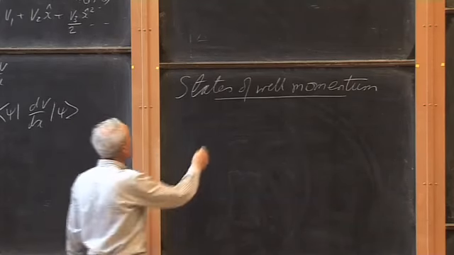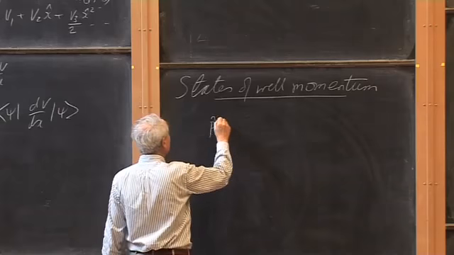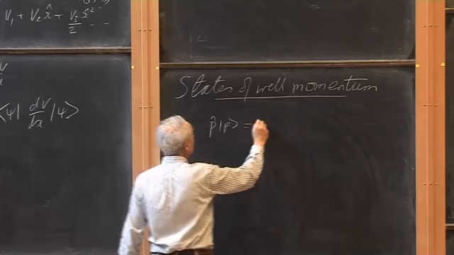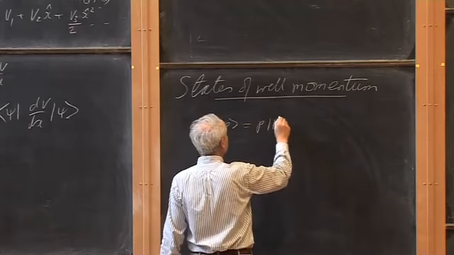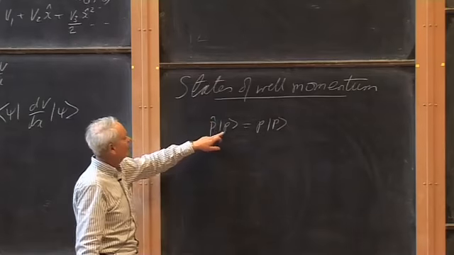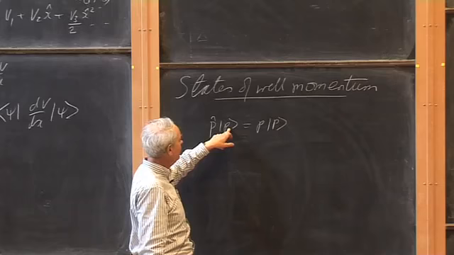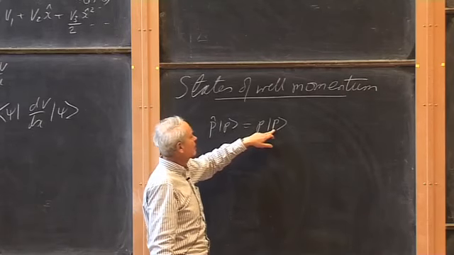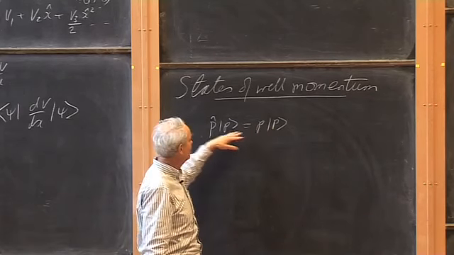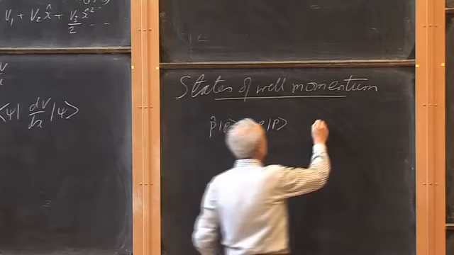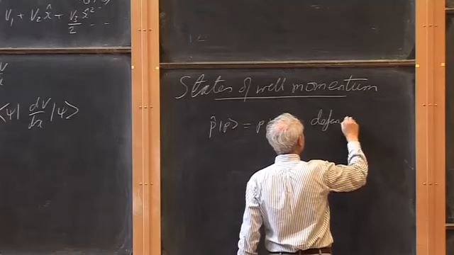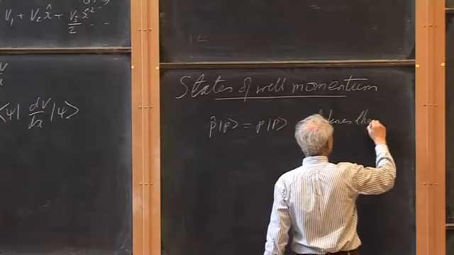So we're interested in the eigenstates of the momentum operator. The operator P on an eigenstate of P, on an eigenstate labeled by p, this is a number, is equal to that number times the state. So this is the definition. This defines these states.